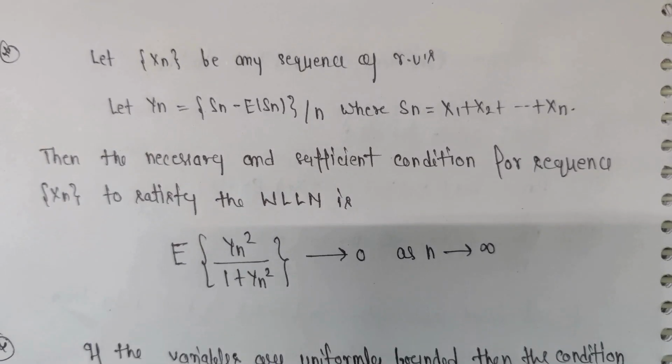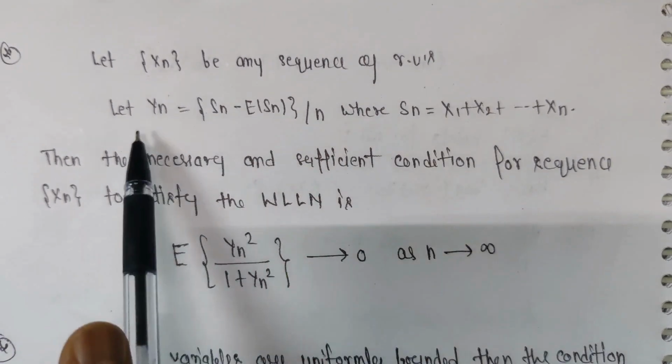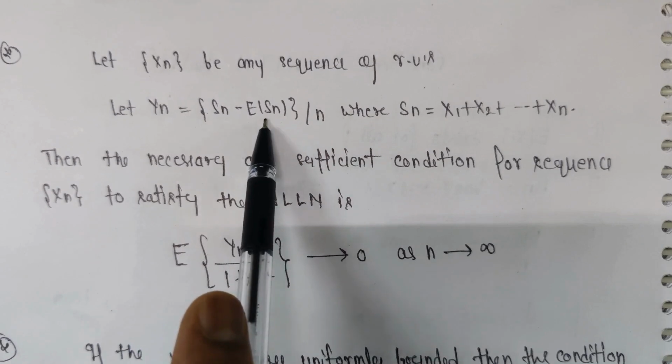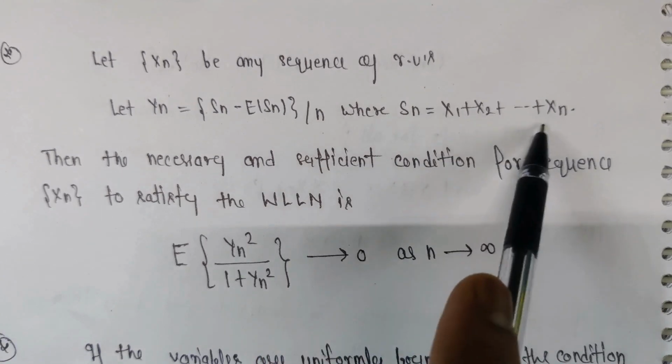Now here we have two more important results, the necessary and sufficient conditions for the sequence Xn to satisfy the weak law of large numbers. In the first case, let Xn be any sequence of random variables and Yn be defined as (Sn minus expected value of Sn) divided by n, where Sn is the sum of the random variables.